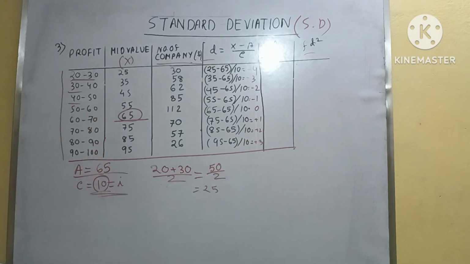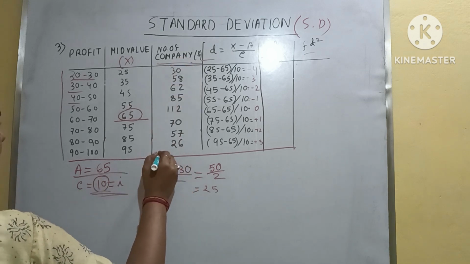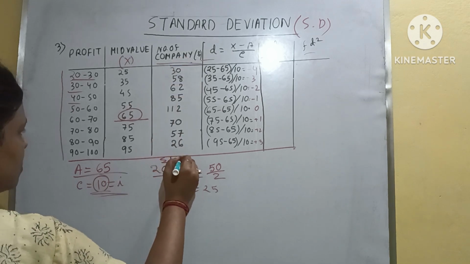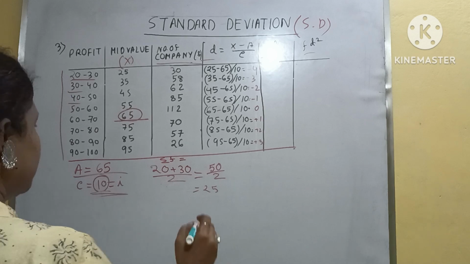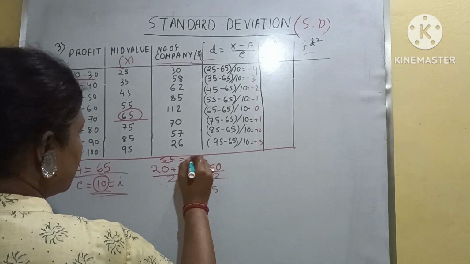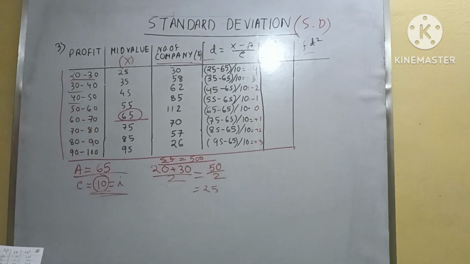After this, we write the summation of f, that is 500.